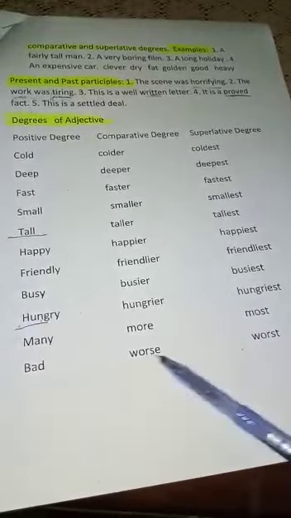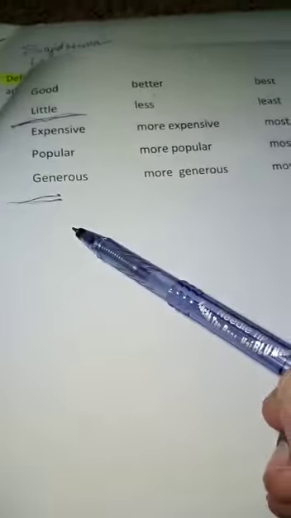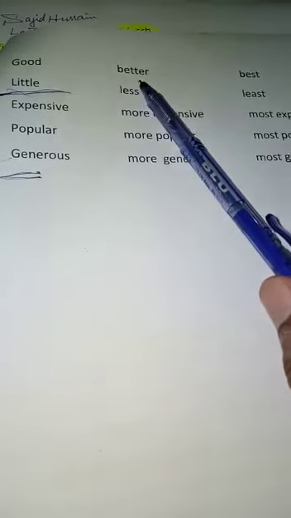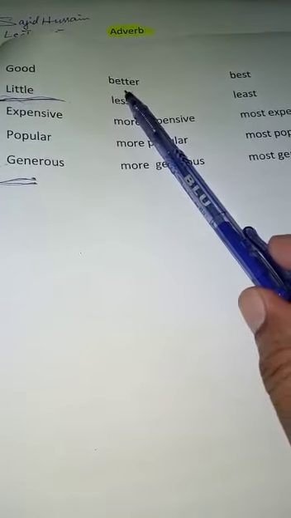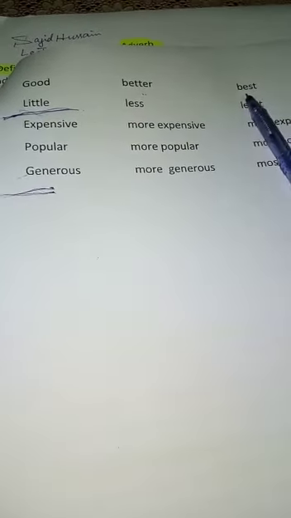So bad, worse, worst, these three degrees follow a somewhat different pattern to develop their comparative and superlative degrees. Well, afterwards there is good, better, best. The comparative degree better is different in form and spelling from good. So is the superlative degree best.